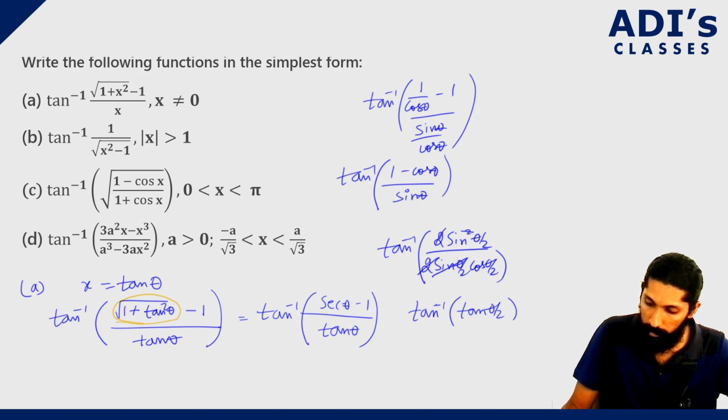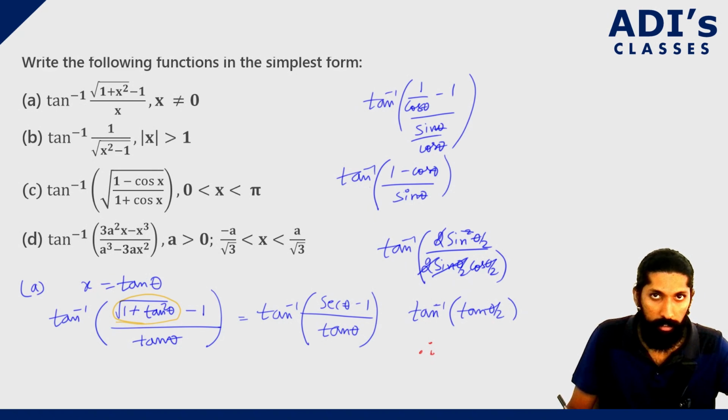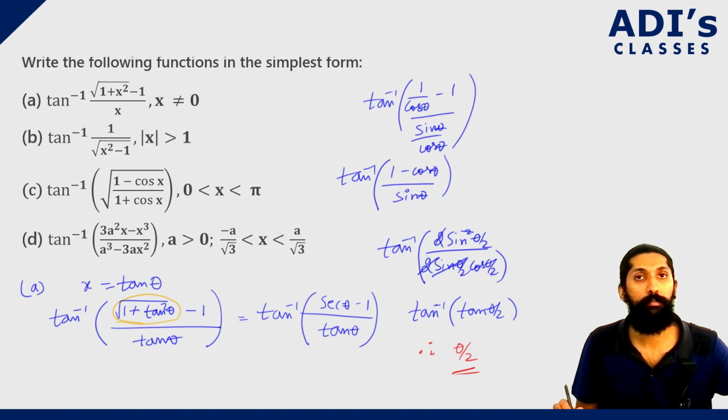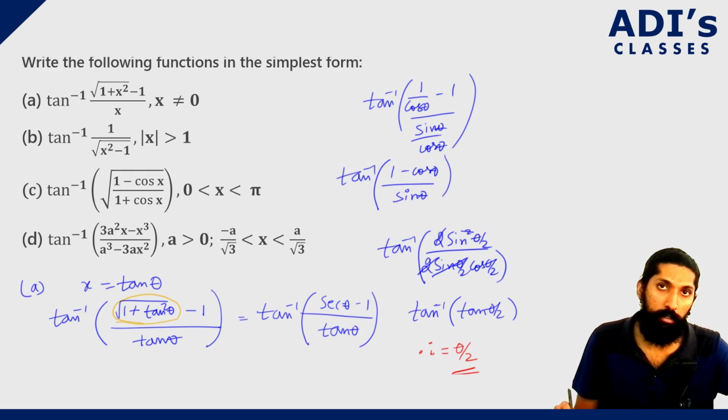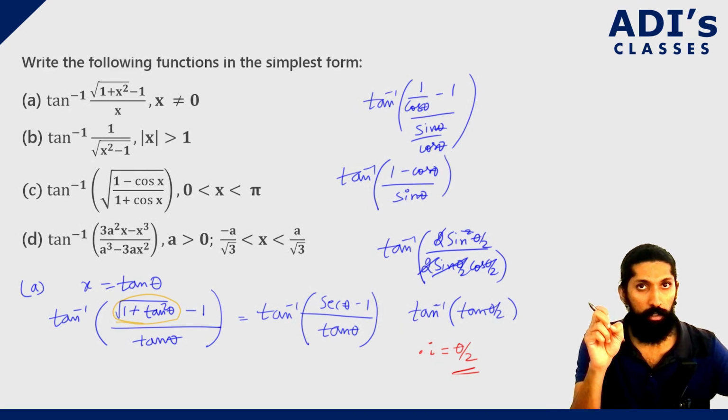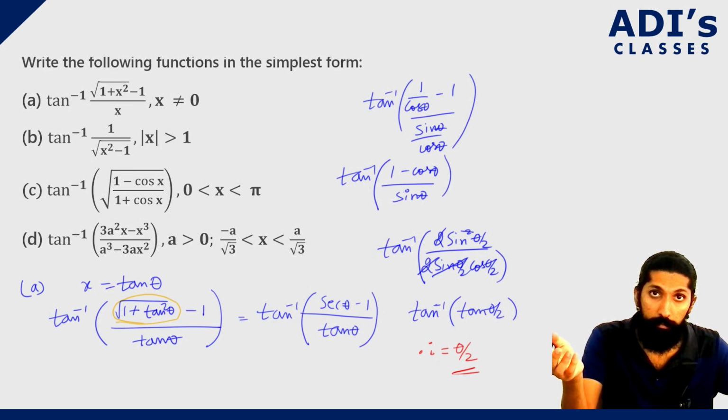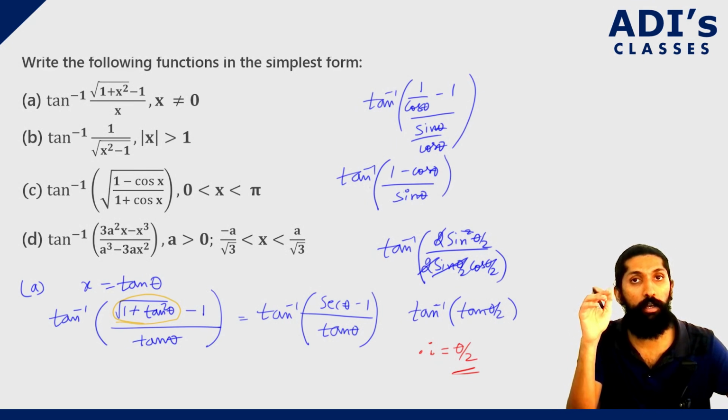Therefore, what is the value of the function tan inverse of tan theta by 2? The answer is going to become theta by 2. The reason is you have 1 minus cos theta, convert that into half angle, so that you can simplify. You have to simplify every question.